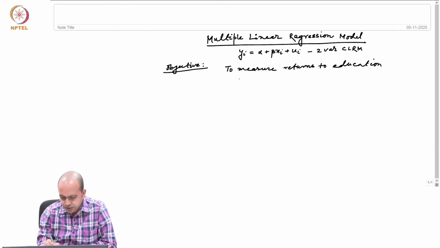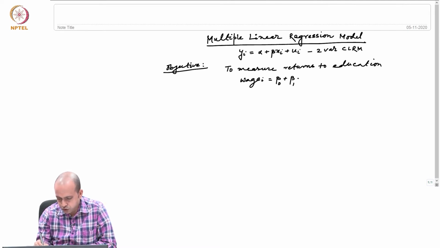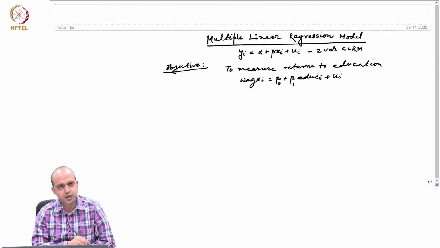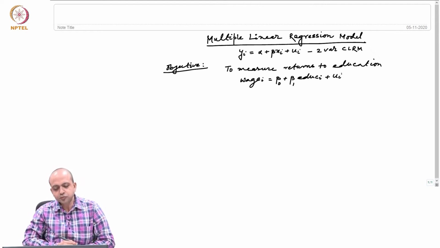So, let us say that our model is now: wage, the dependent variable for the ith person, equals beta 0 plus beta 1 education plus u. This is our objective, to estimate returns to education. So, obviously, here your beta hat would tell you, for a unit change in education, what would be the additional change in wage on average.